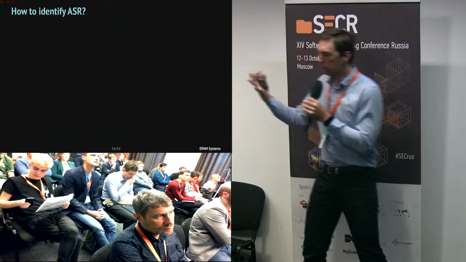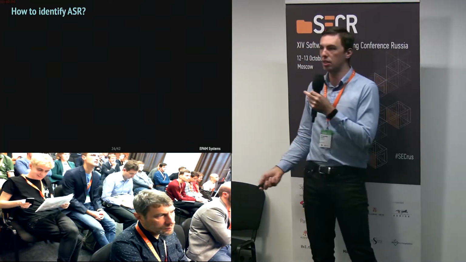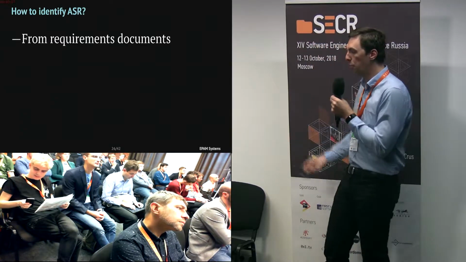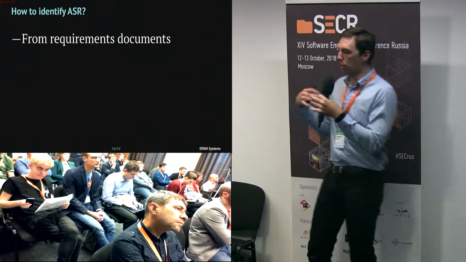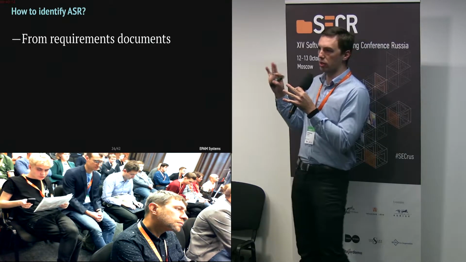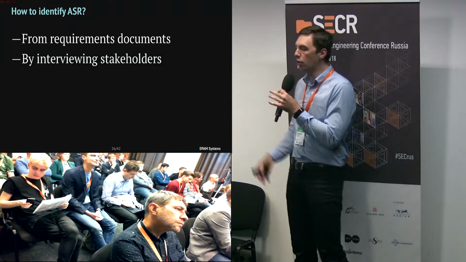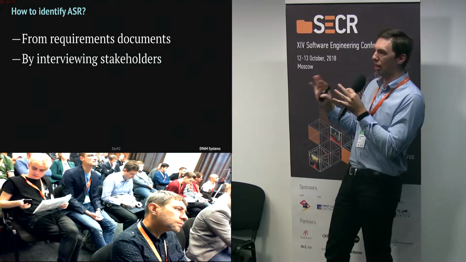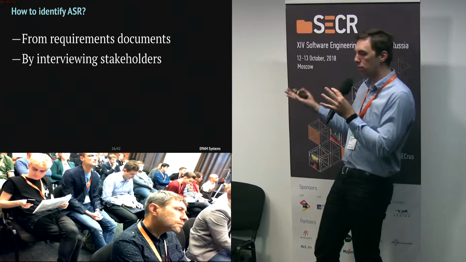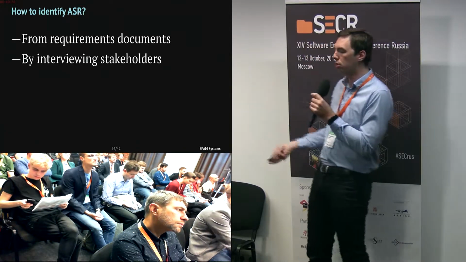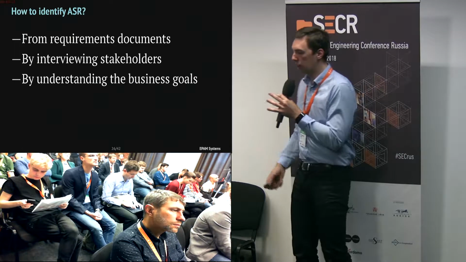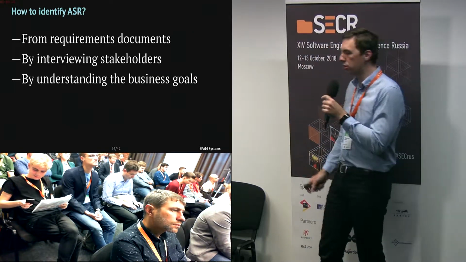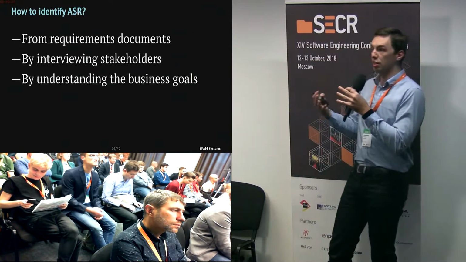Okay, let's go further. How to identify ASRs? How do you do your job? So you can review some requirements documents, and of course there will be some lists. You can interview stakeholders, and there are separate processes on how to do that well, for example, quality attribute workshops. Again, those are complicated processes actually. Another way is by understanding the business goals.